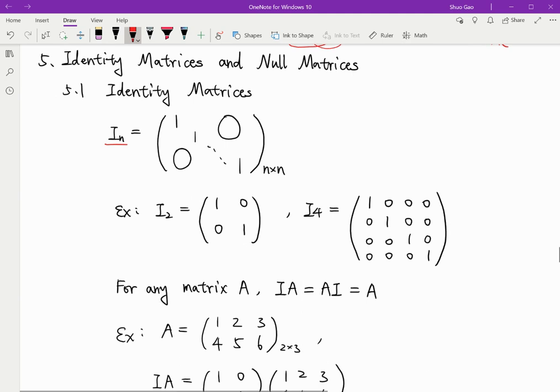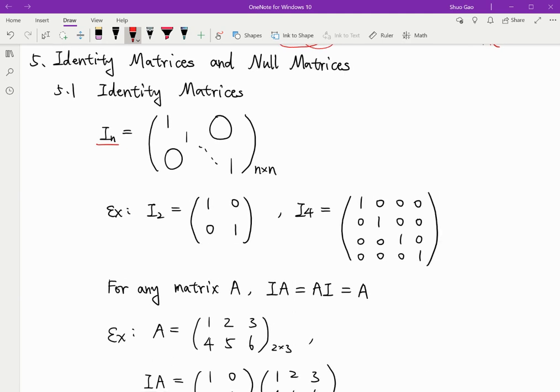The first thing you need to know is that identity matrices are square matrices. So I_n, identity matrix of dimension n, means the matrix is n by n, a square matrix. And if I say I_3, that means this is an identity matrix of dimension 3.